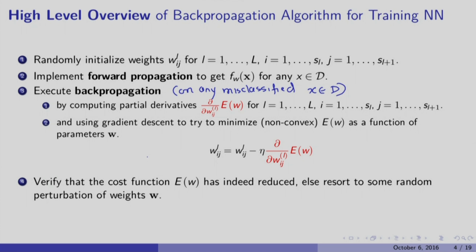One continues this till the cost function E(W) has reduced significantly. Once the reduction is significant, one might still resort to some random perturbation of weights W. This is because E(W) may not be convex and one might want to avoid local minima.